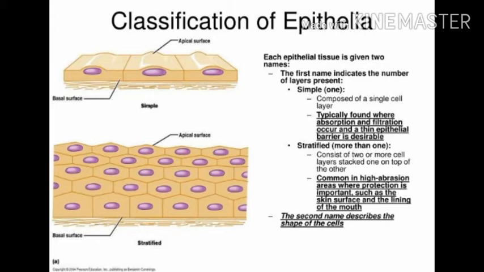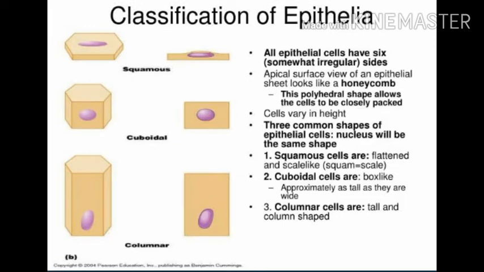Based on the shape of cells, epithelium can be classified into three different types. In general, epithelial cells have a hexagonal structure, making them appear as a honeycomb-like structure. This hexagonal shape allows the cells to be closely packed. This kind of epithelial cell is called squamous epithelium, which are flattened or scale-like cells.